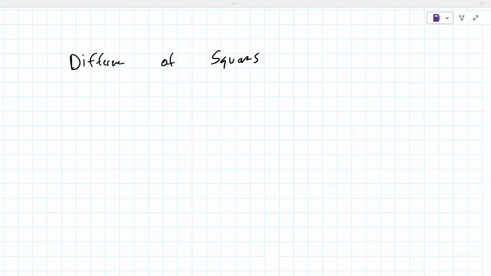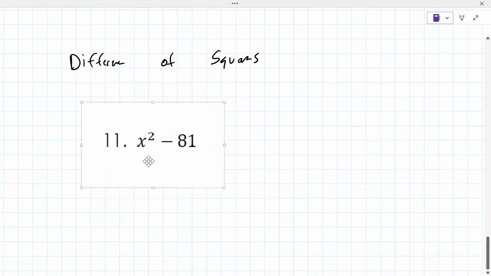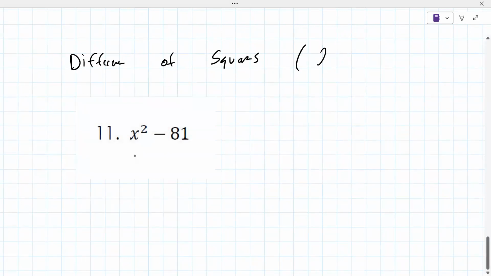11 is a difference of squares. So you'll notice in that little cheat sheet reference guide you got that difference of squares is always two terms, and there has to be a negative. So for example, if you're taking number 11, it would be x squared minus 9 squared.